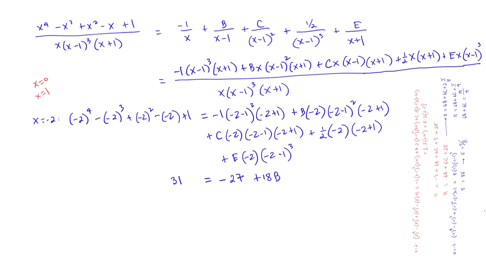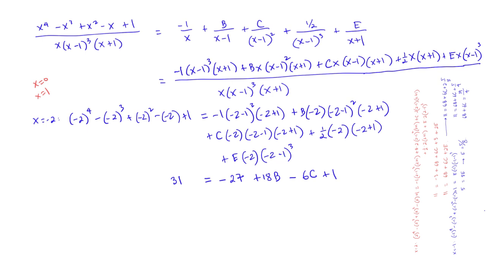The next term, negative 2 plus 1 is negative. Negative times negative 2 is positive 2. Minus 2 minus 1 is minus 3. Minus 3 times 2c is minus 6c. The next term, negative 2 plus 1 is negative 1. Negative 1 times negative 2 is positive 2. 2 over 2, 1. And the last term, negative 2 minus 1 is negative 3.